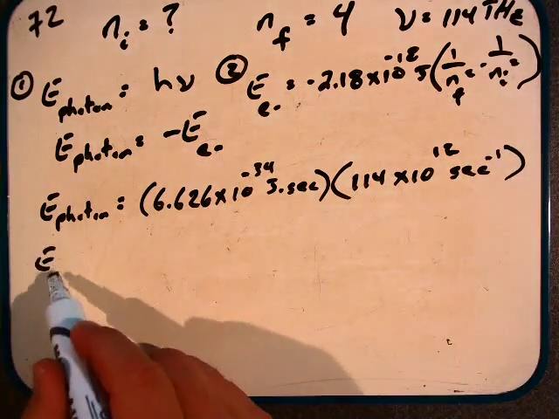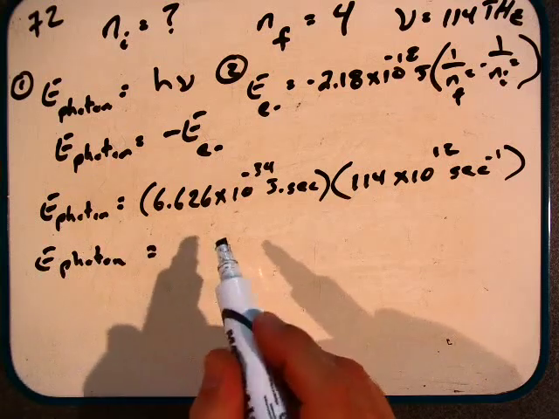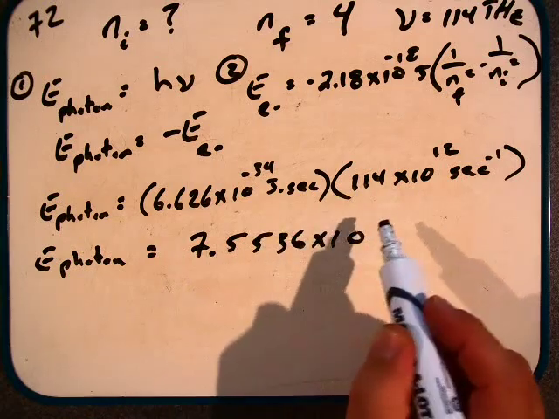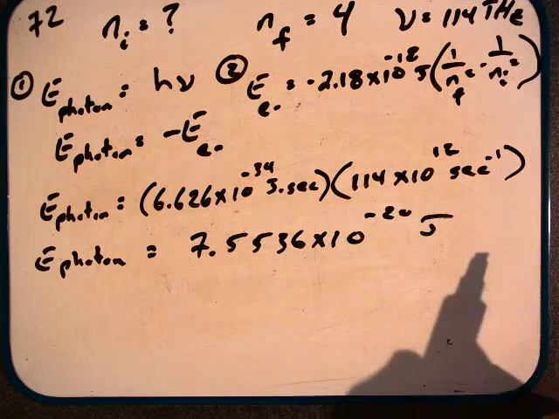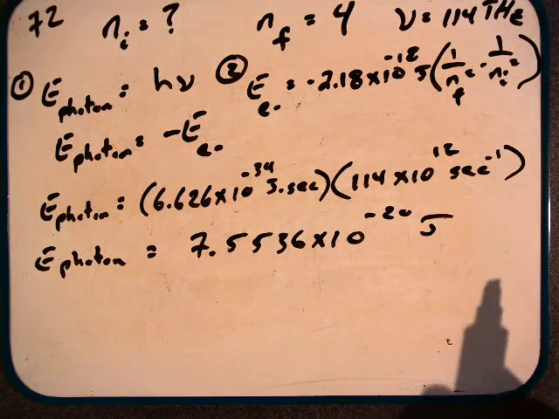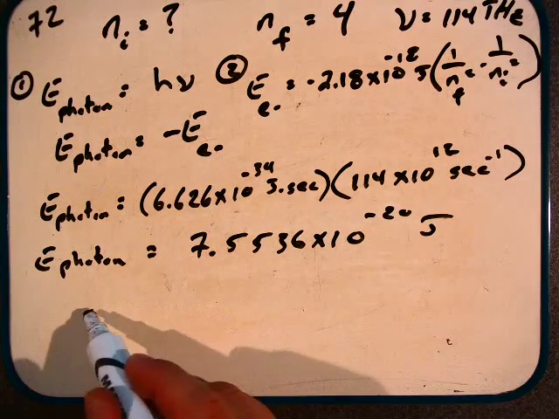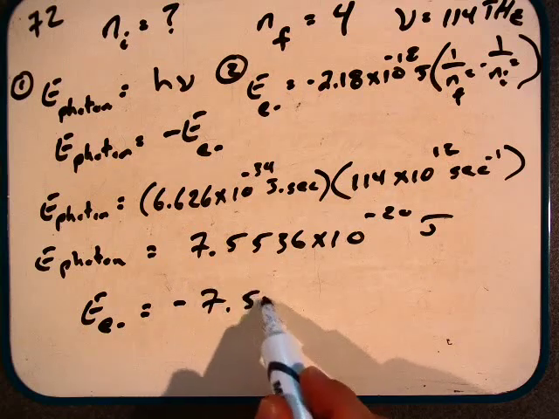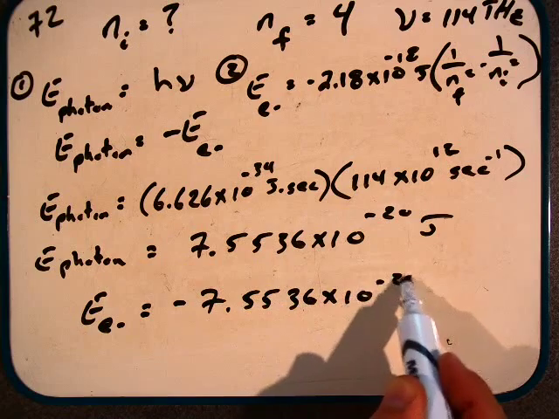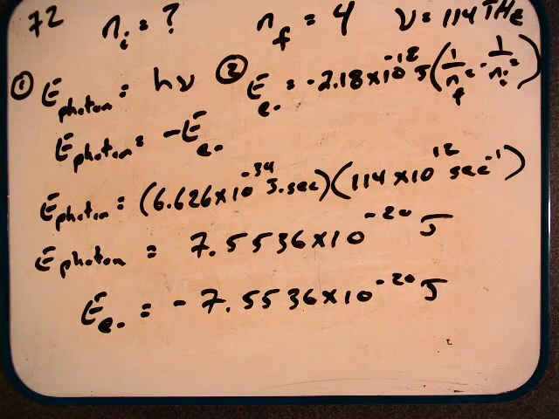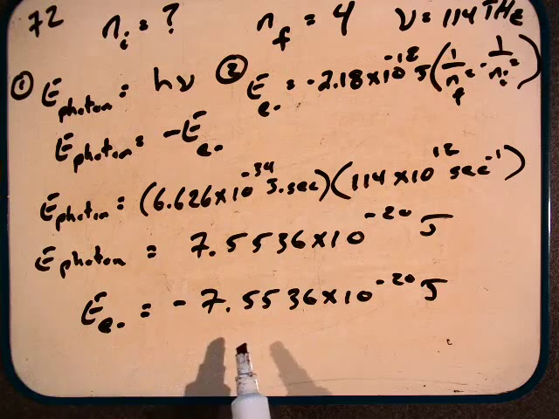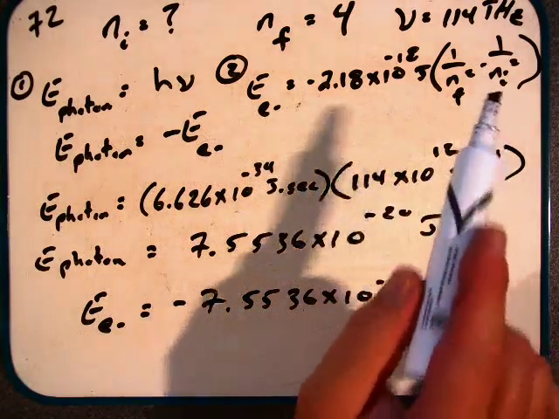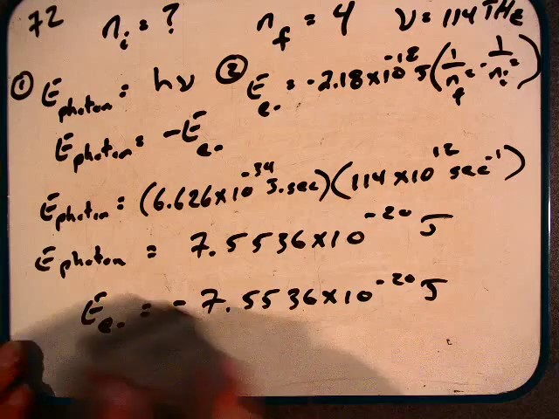And so we can solve for the energy of the photon to be equal to 7.5536 times 10 to the negative 20th joules, and that would be joules per photon. So if that's our energy of the photon, the energy for the electronic transition would just be the negative of that value. So now we have the energy of the electronic transition using equation 1. Now we can plug that into equation 2 and solve for our initial quantum level.